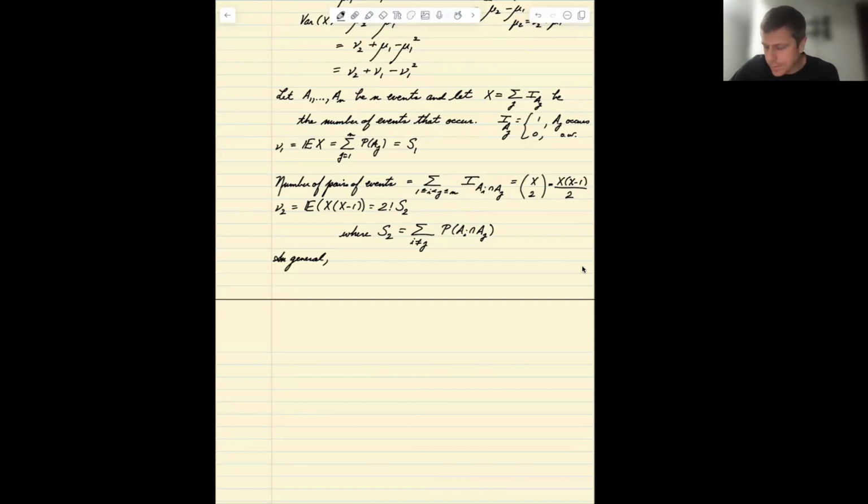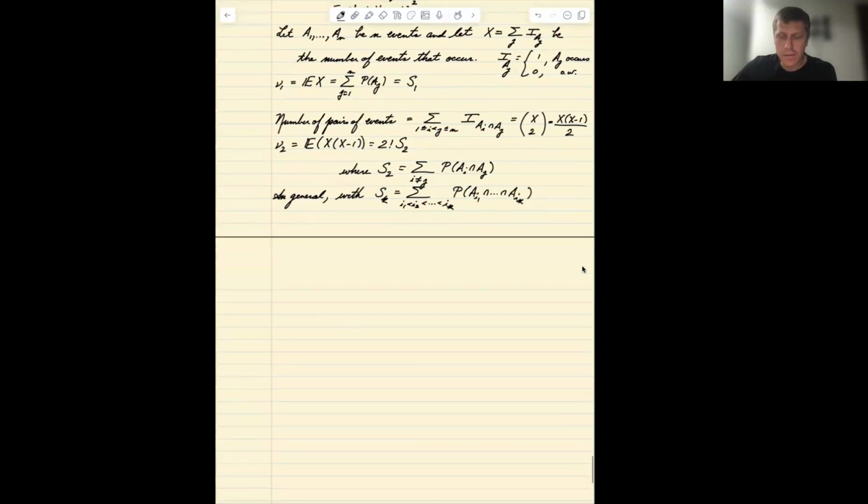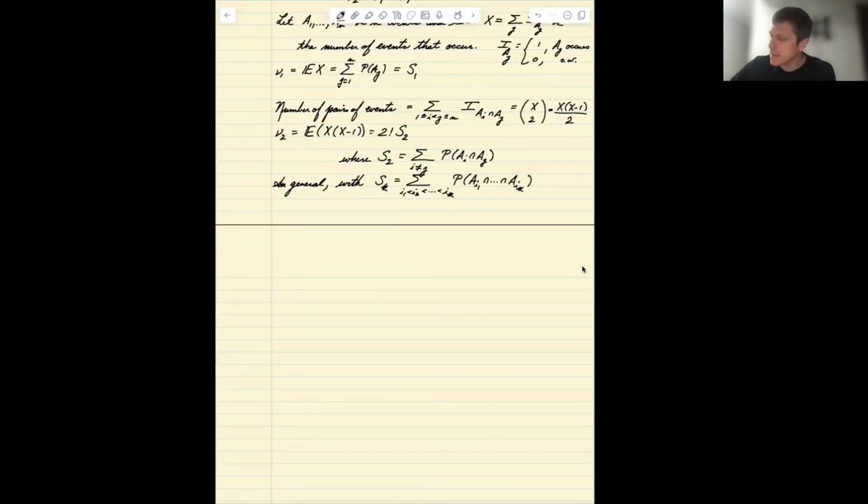If we define Sk as the sum over sets of size k of the probability of all k-fold intersections of events, then nu sub k is k factorial times Sk.